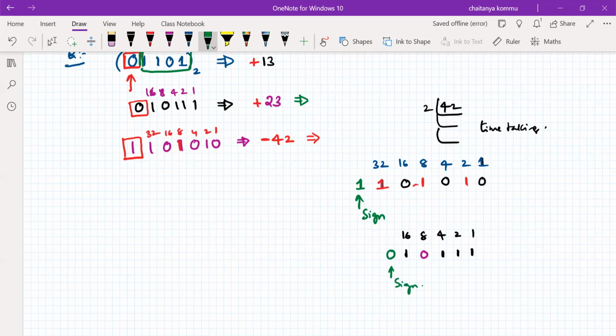Sir, if generally given 1010, how can we identify whether it is a sign or a number? They will tell you that. They will tell you that it's a sign representation, that we have used the sign representation. Suppose I say 101; is it signed or unsigned? How can I know that, unless I tell you? We should know whether it is a signed number or an unsigned number.